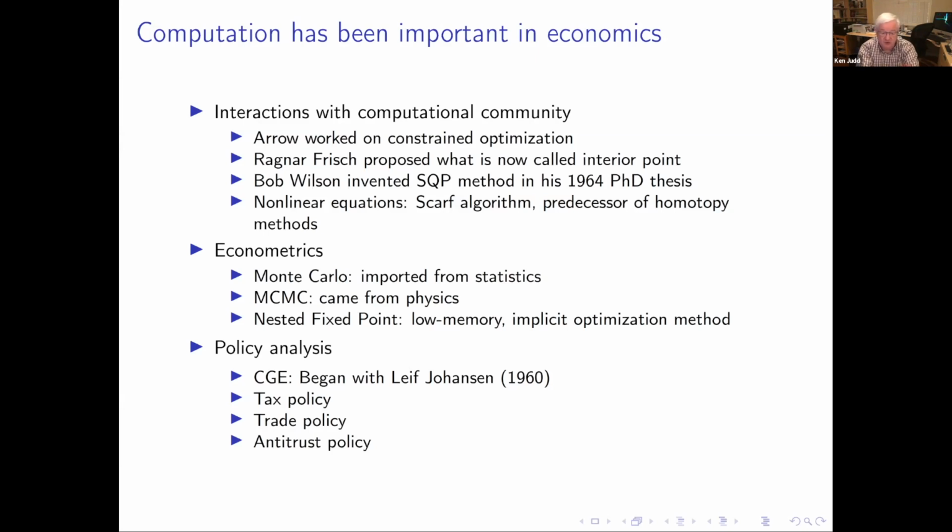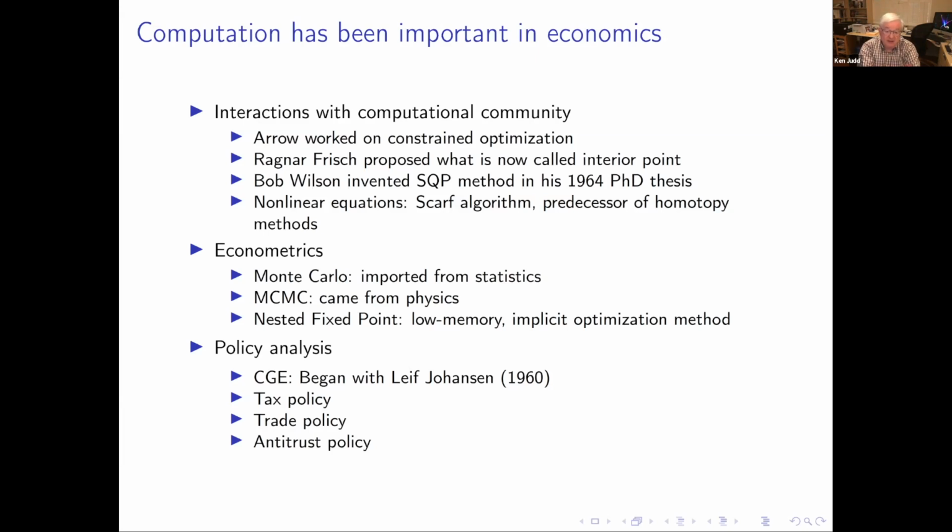Ragnar Frisch, who, by the way, founded the Econometric Society and Econometrica, proposed in the early 1950s a way of solving linear programming, which at the time was not possible to implement because of hardware and software limitations. But in the 80s, his ideas became a part of what we call interior point.